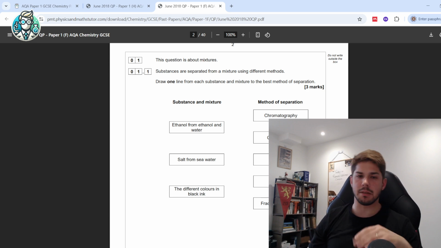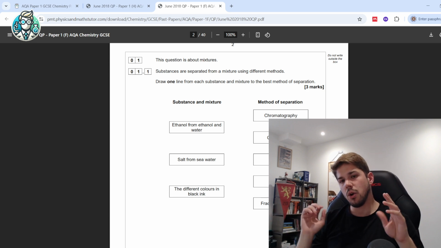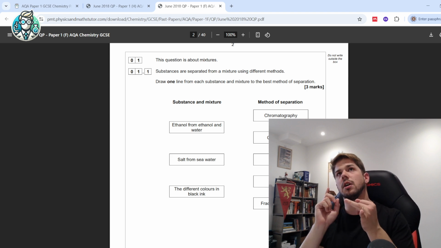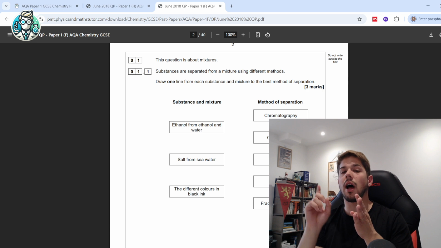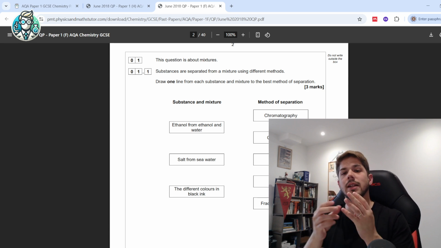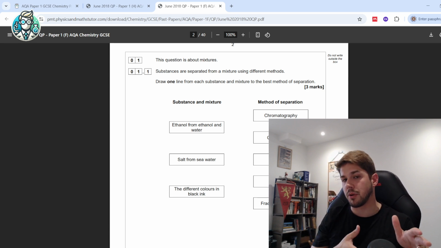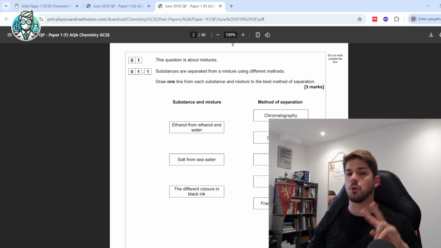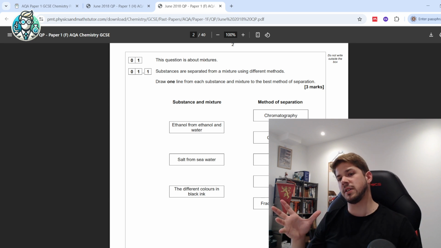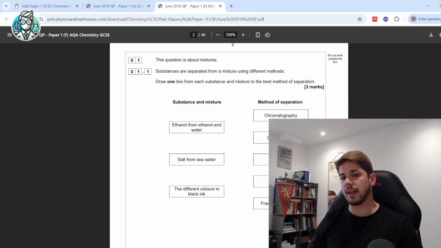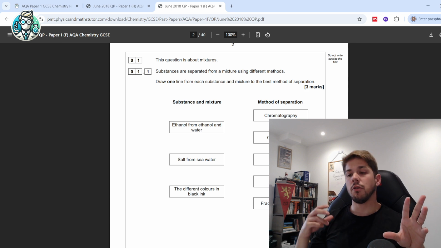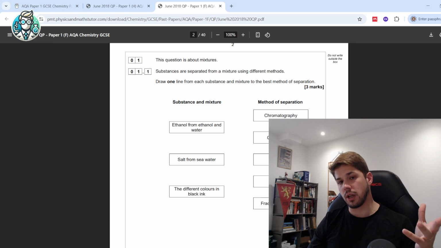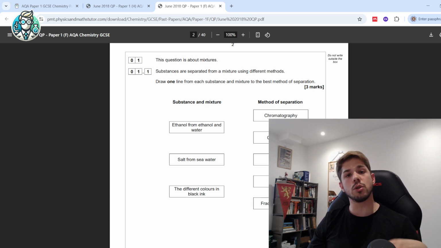Remember that in chemistry, it doesn't matter if you're in key stage 3 or key stage 4, you have studied 4 separation techniques, which are filtration, distillation, evaporation, and chromatography. Okay? Depending on what you are trying to separate, you will use one technique or another. For example, if you want to separate 2 liquids, you will use distillation. If what you want to separate is a soluble solid from a liquid, you will use evaporation. And if you want to separate an insoluble solid from a liquid, you will use filtration.